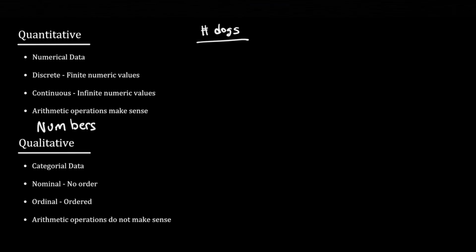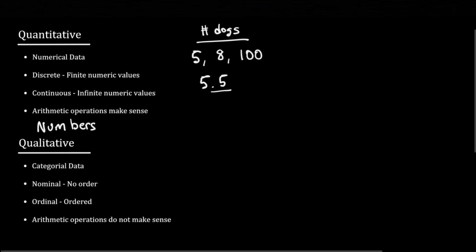We can observe or count that there are 5 dogs, 8 dogs, or even 100 dogs, but we cannot find that there are 5.5 dogs. When we think about it, it doesn't make sense to have 0.5 dogs. Therefore, our variable can only take on whole numbers and finite numeric values.